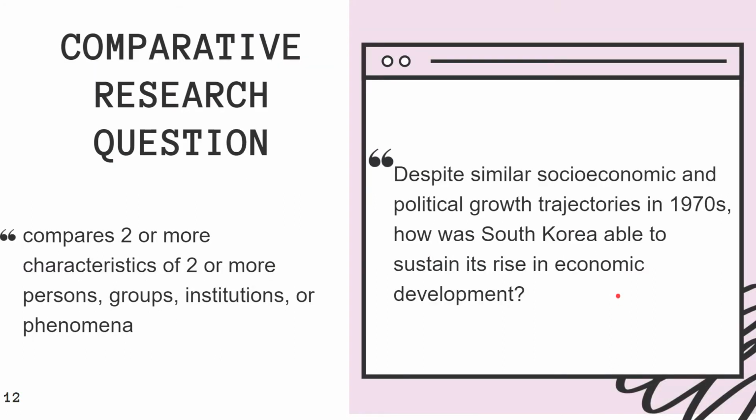Next is comparative research. Comparative research questions compare two or more characteristics of two or more groups or people. From the word comparative, of course, we are comparing. So, despite similar socioeconomic and political growth trajectories in the 1970s, how was South Korea able to sustain its economic rise, its rise in economic development?